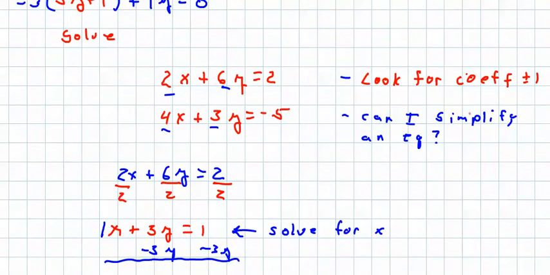If not, we look for common factors in each term. This term is divisible by 2, divisible by 2, divisible by 2, and when we do that, we end up with a coefficient of 1. If not, then this is not the most practical way to solve because we don't want to deal with fractions.